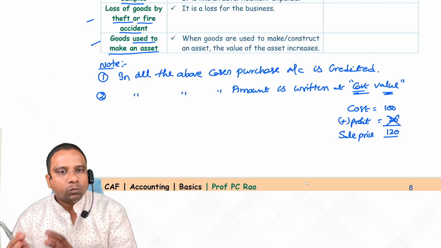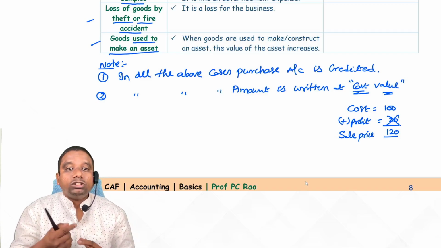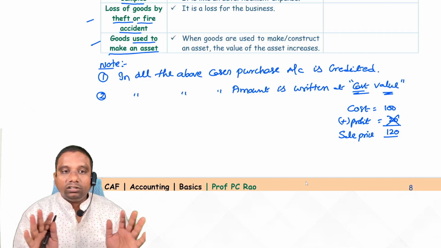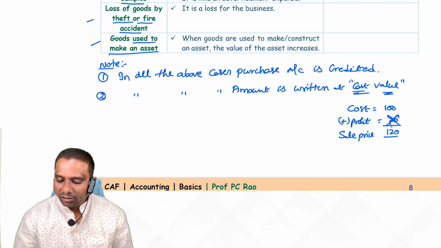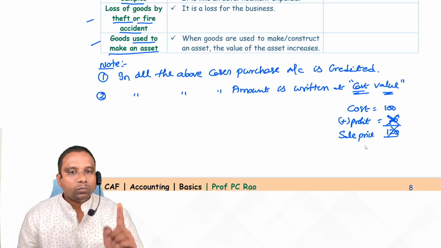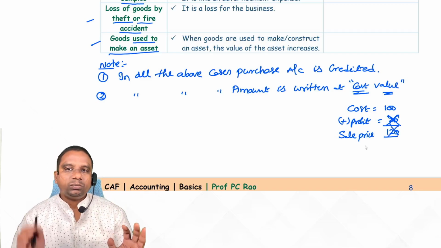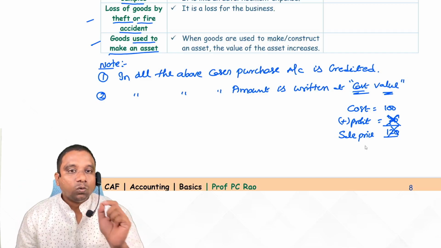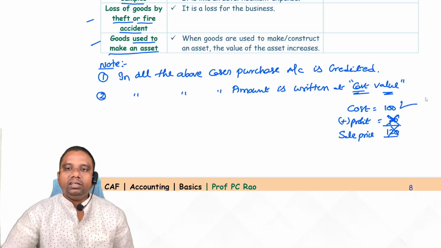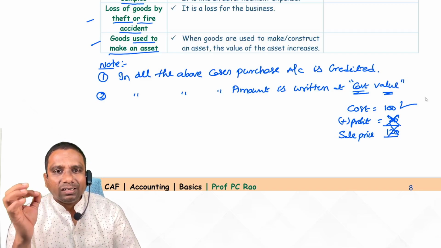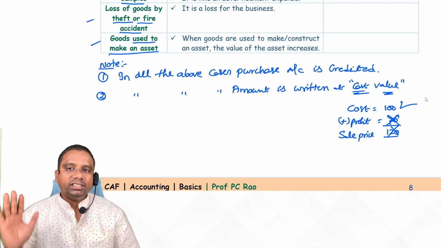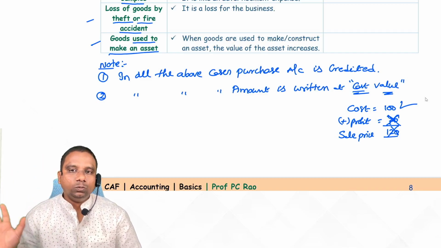Actual realized profit we can record. So if the problem gives you a 120 rupees selling price and a 100 rupees cost price, at what price do you record the entry? At 100 rupees only. In all the cases, we record the entry at cost value.